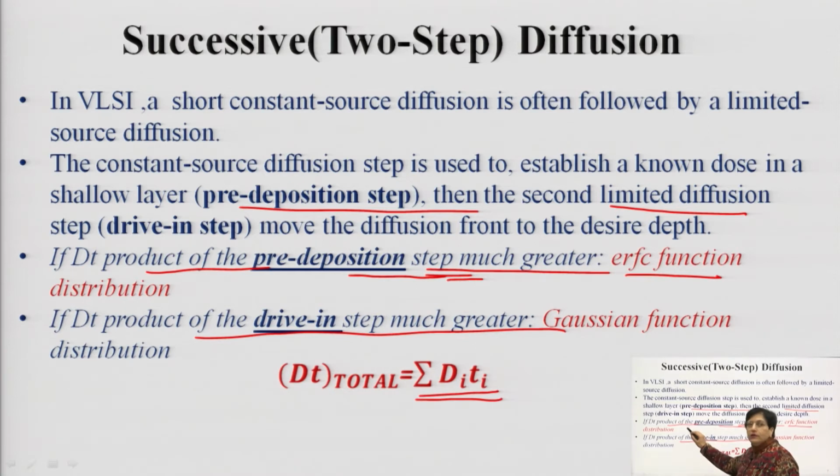If the Dt product of the pre-deposition step is much greater, we call it an error function distribution. If the Dt product of the drive-in step is greater, we call it a Gaussian function distribution. That means how the dopant gets distributed within the bulk depends upon the Dt product. The profile is defined by the Dt product, and the total junction depth, the total movement of the dopant species, is calculated by summing the Dt products together.